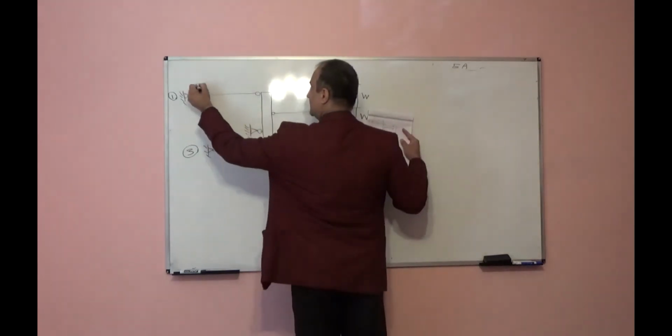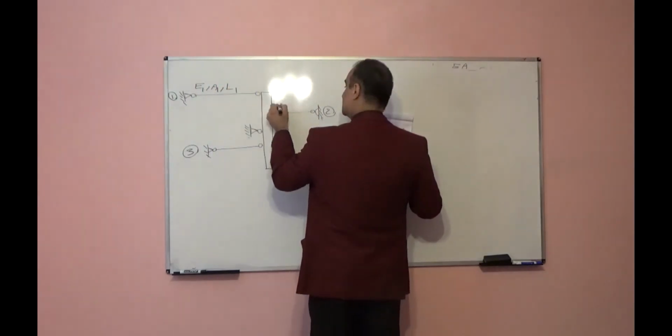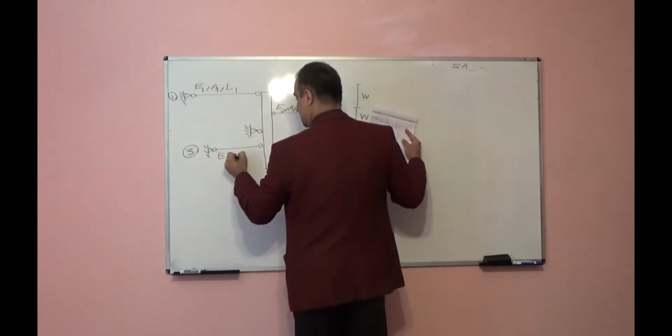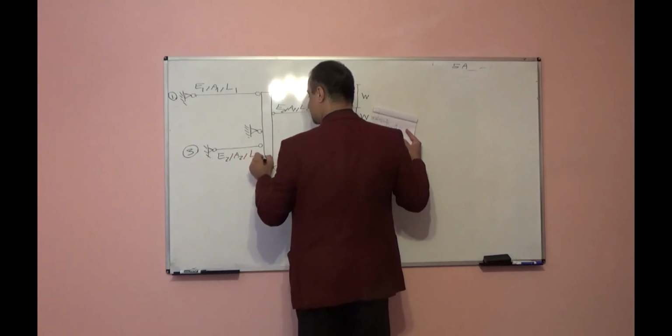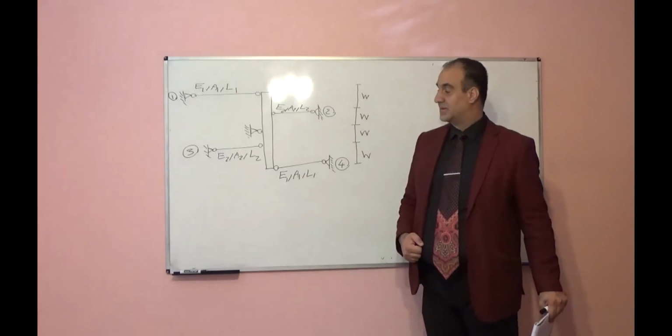Again, this is E1, A1, L1. This is E2, A2, L2. And again, this is E2, A2, L2. So two by two, material property and cross-sectional area are equal.